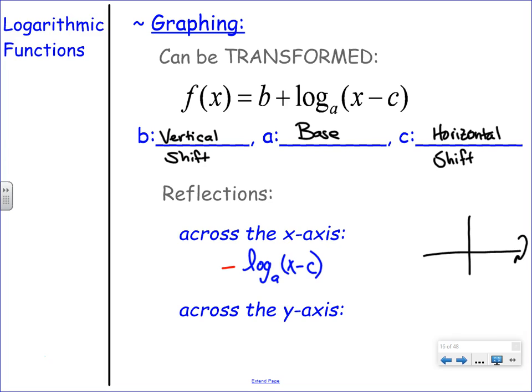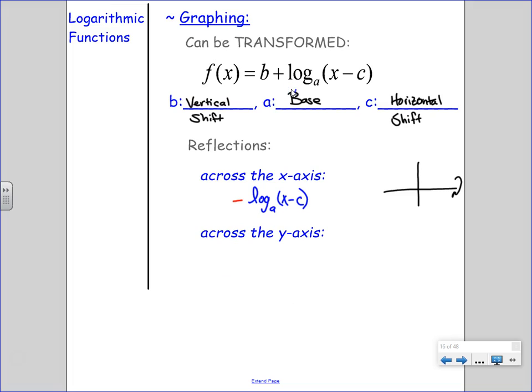If we're going across the y-axis, that's a horizontal reflection, right? What's right is left, what's left is right. Where would that occur? You need to have a negative on the inside, next to the x. Now, there's a few different ways of writing it. Basically, if you see a negative right in front of that x value, there is going to be a reflection.